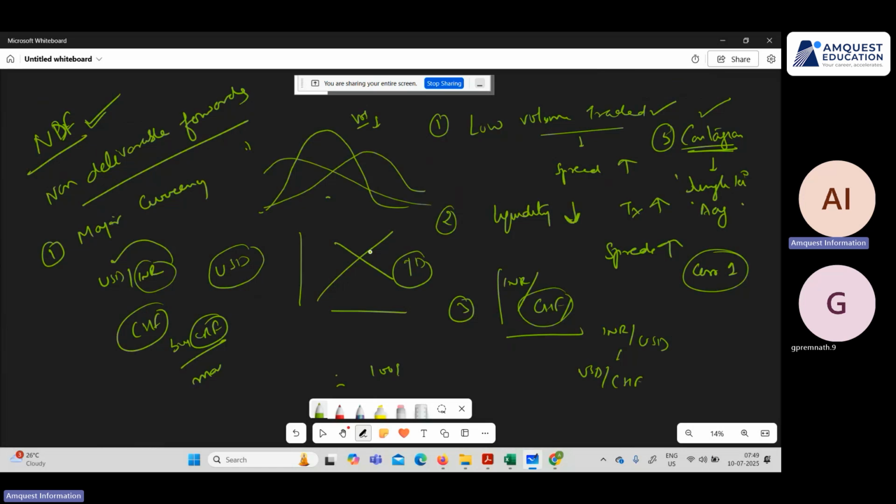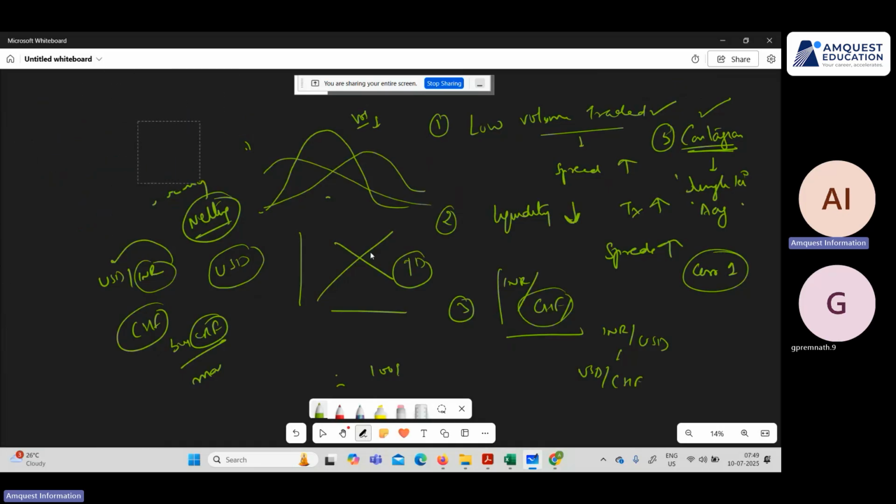If you are long 1 million CHF, so you will be giving away USD equivalent, right? But in case of a NDF, since you are converting both into USD only, right? So the net thing that you could do is you can do a netting. Hence, it says it's a non-deliverable forwards. Yeah. Right. Let me re-explain this again, just in case it is not very clear.